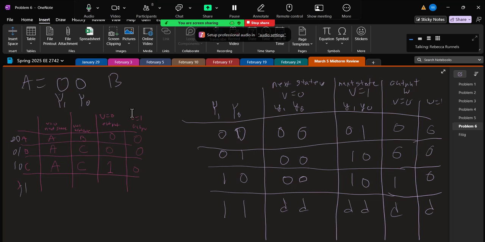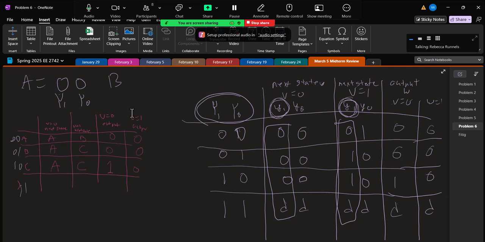And so we replaced all of these. But we're having to come up with a Boolean expression for the next state. So we're coming up with a Boolean expression for this y1. Well, what is this y1 referring to? It's these numbers right here and these numbers right here. That's what y1 is. How do we figure out what that is? It depends on what the previous state was, so what capital Y1 and Y0 were, and what V is.